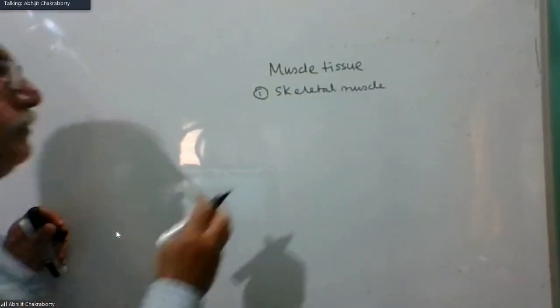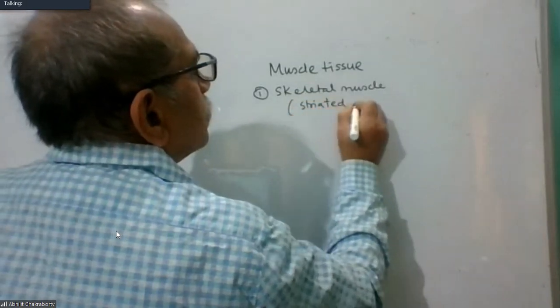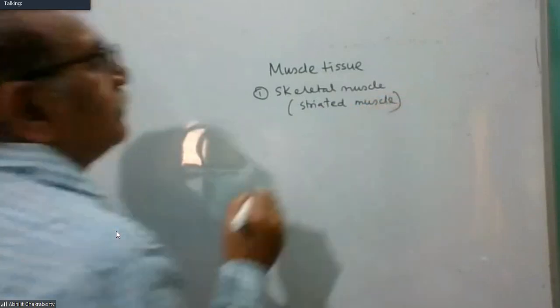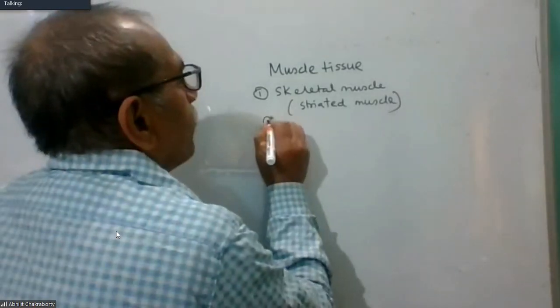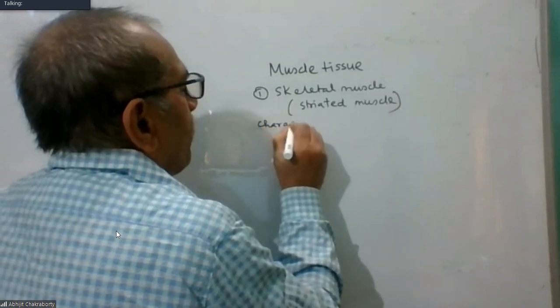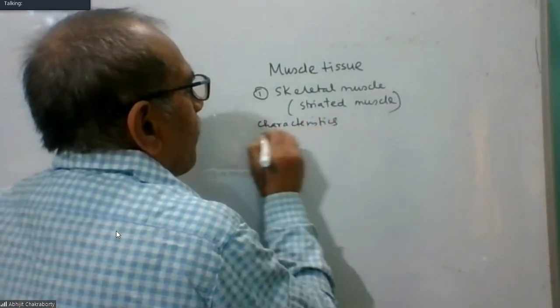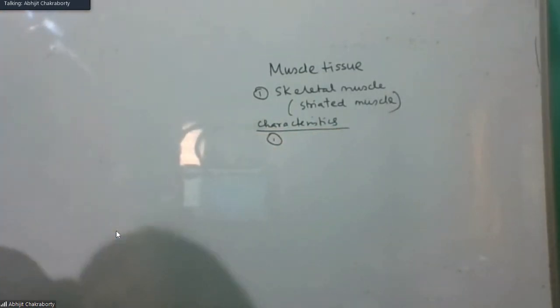It is also called striated muscle and has these characteristics. This muscle is generally multinucleate or syncytial in type.